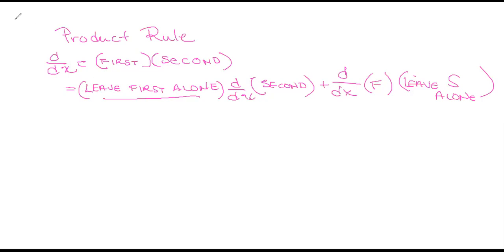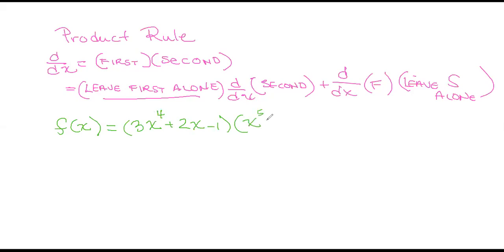Let's say I give you f of x is equal to, here's going to be my first factor, 3x to the fourth plus 2x minus 1. That's my first factor, times x to the fifth.